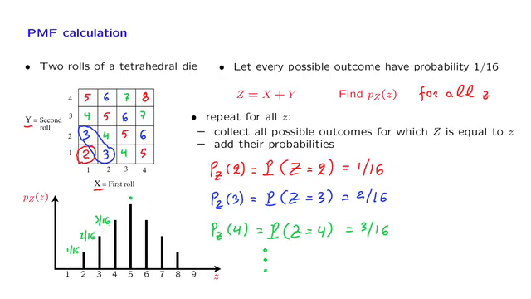And you can continue with the other values. It's a reasonable guess that this is going to be 4 over 16, this is going to be 3 over 16, 2 over 16, and 1 over 16. So we have completely determined the PMF of our random variable. We have given the form of the answers, and it's always convenient to also provide a plot with the answers that we have.